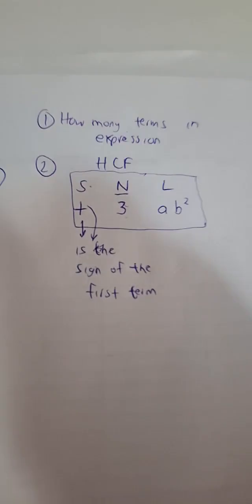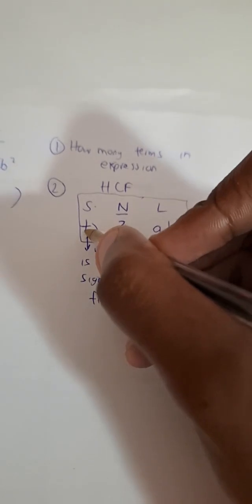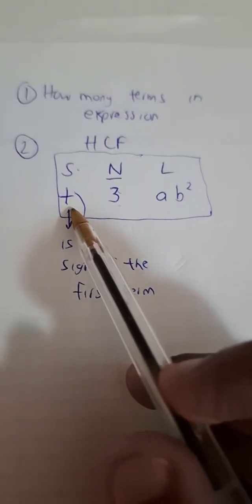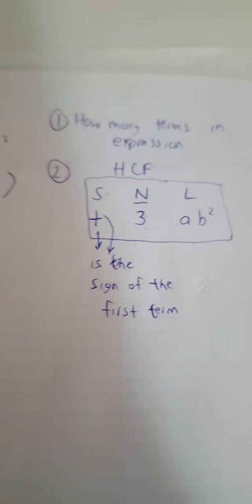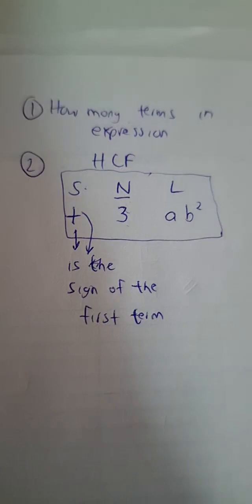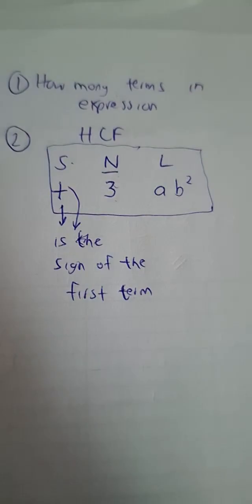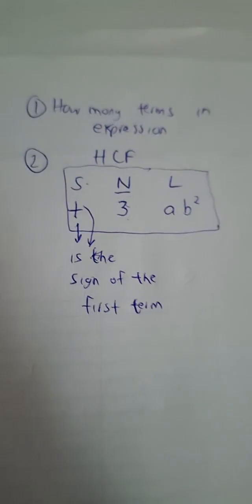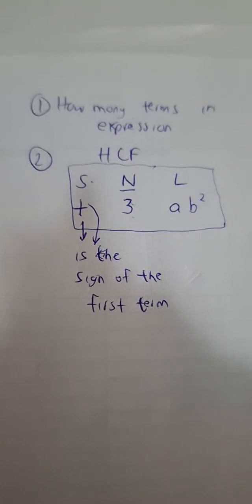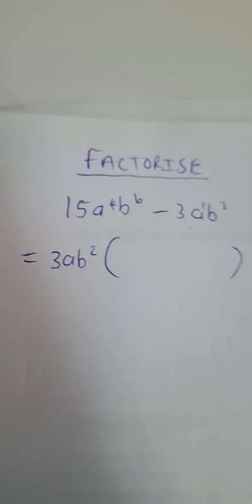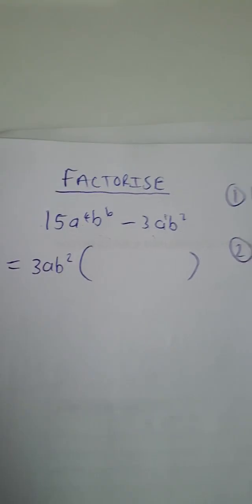Are you with me? So my positive sign can be written explicitly. If you wanted to, you could write positive there. But even if you don't write that positive sign, it is an invisible agent that is there and ever present. By the mere fact that we don't write that positive means that positive is there.